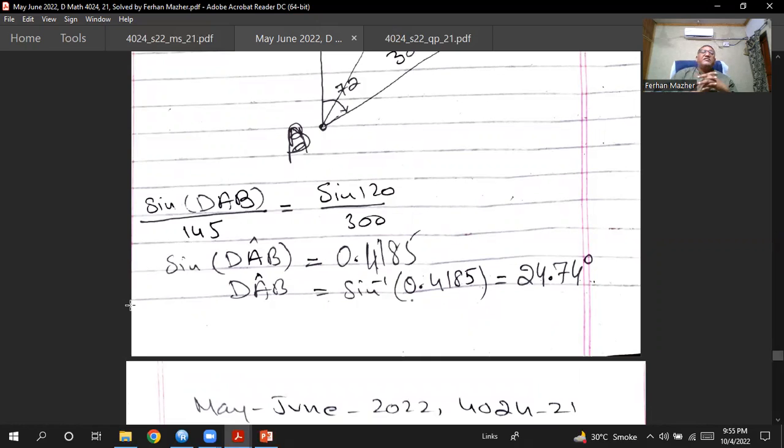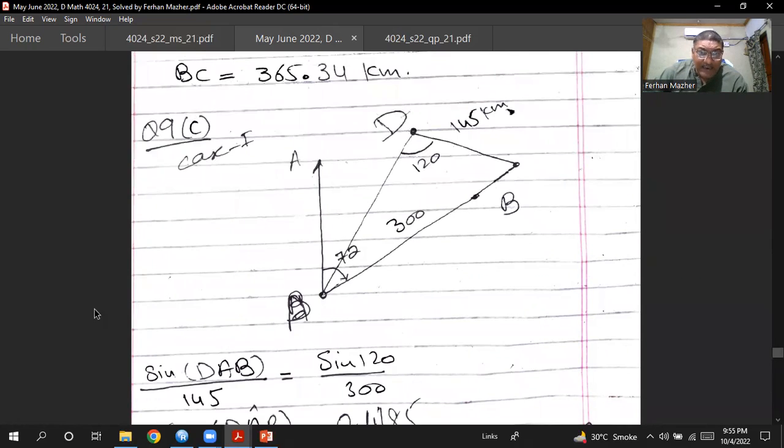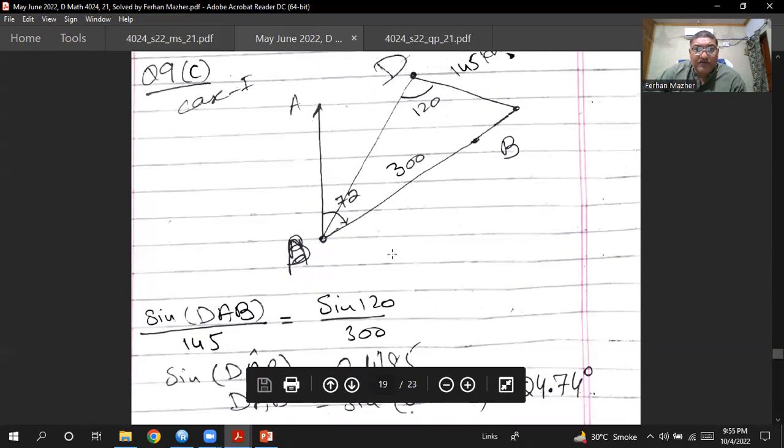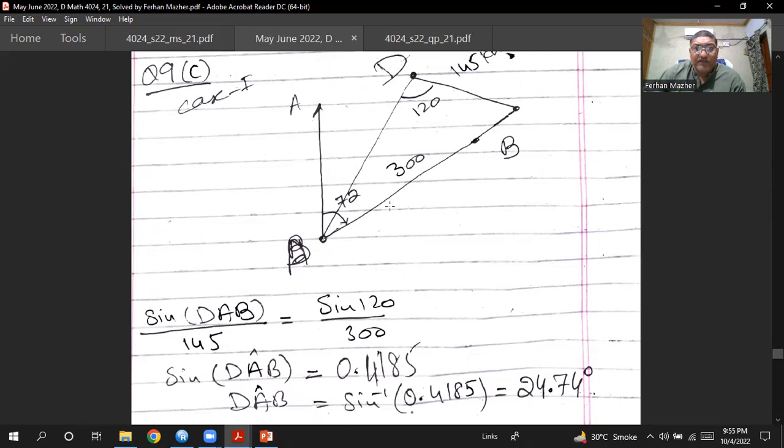So sine DAB equals 145 multiplied by sine 120 divided by 300, and you will get 0.4185. So DAB equals sine inverse of 0.4185, and that will be 24.74. So this angle DAB here is 24.74.